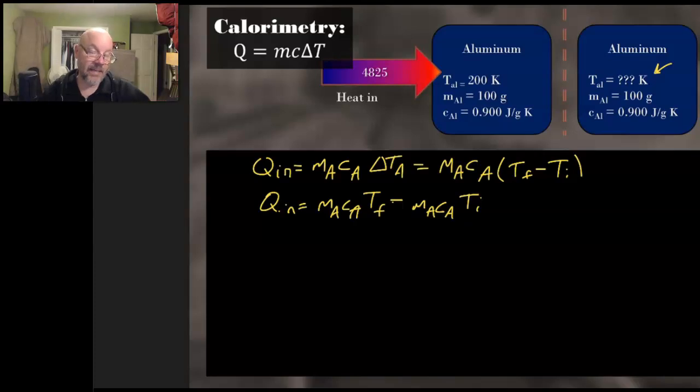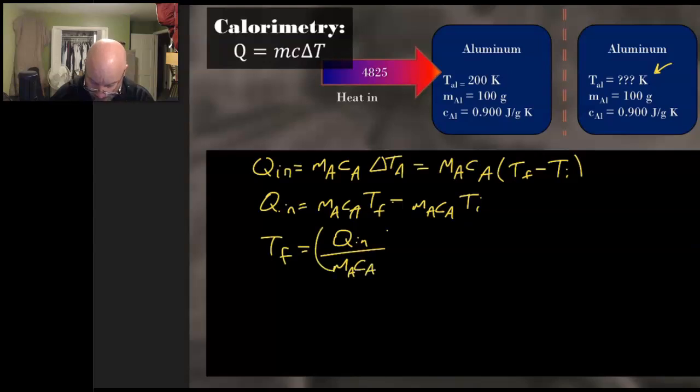Then I would divide out by m_A C_A, and what I'm going to end up getting here is that T_F is equal to Q_A over m_A C_A, all right, and then I'm going to have plus T_I whenever I do that.